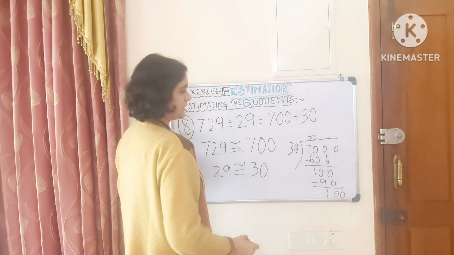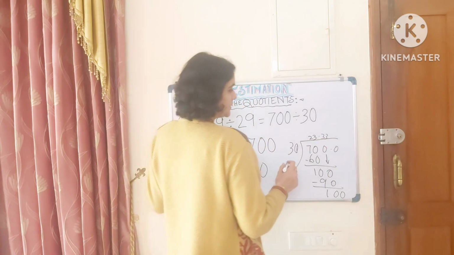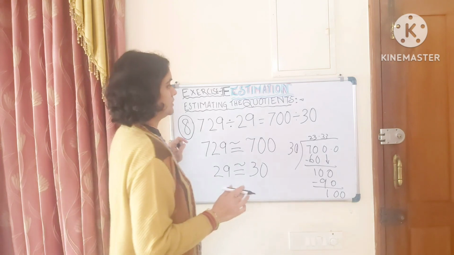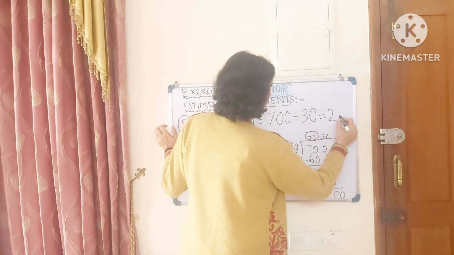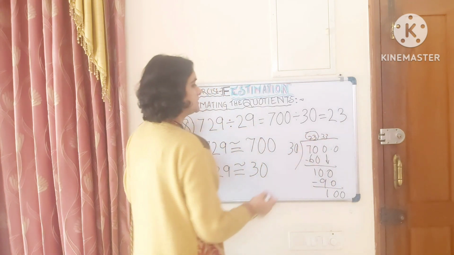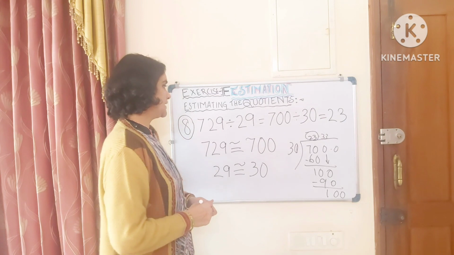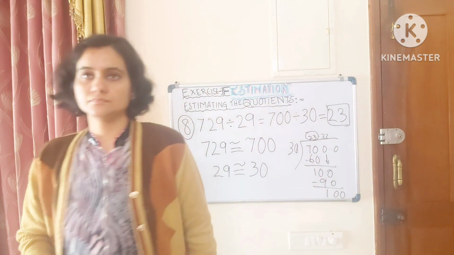I don't need the decimal, it will go like 23.33, something like this. I need a proper estimated value. So it will be 23, of course. So 700 divided by 30 will become 23. So the final answer for question number 8 is 23.